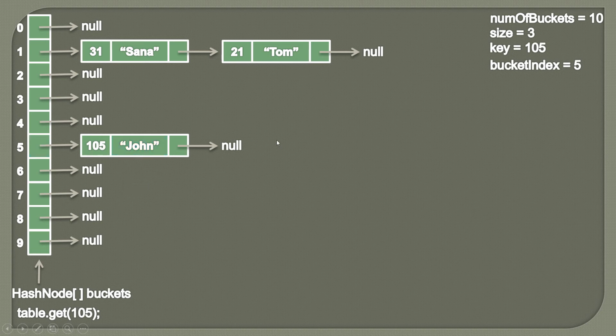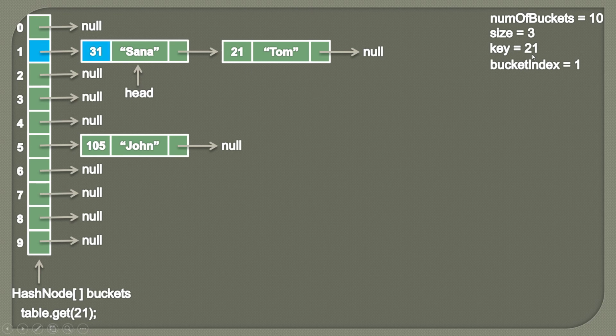After this, let's say we search for 21. So key is 21. If we divide 21 by 10, we get remainder as 1. So our bucket index will be 1. We directly go to index 1 and try to access its first node. Head will point to the first node via this link. Here we simply compare head.key, which is 31, with 21.